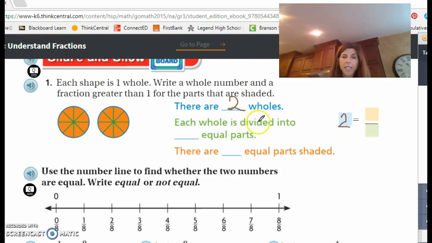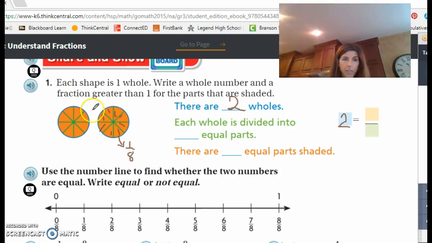Each whole is divided into how many equal parts? Think about that. So let's take a look. 1, 2, 3, 4, 5, 6, 7, 8. So each one of these is an eighth, right? 1/8, 1/8, 1/8.